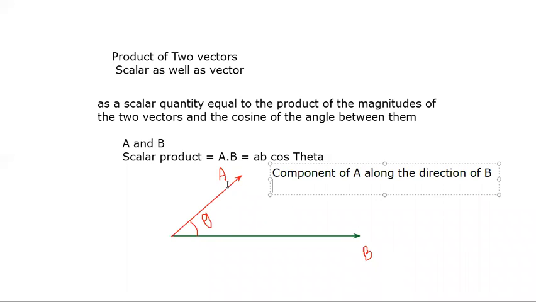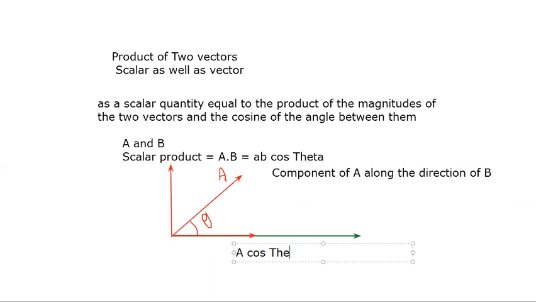If you resolve this vector A into two components, what do you find out? One is along this direction and one is along this direction. What is the value of this? This is A cos theta. You remember from the previous class, this is A cos theta and this was B.